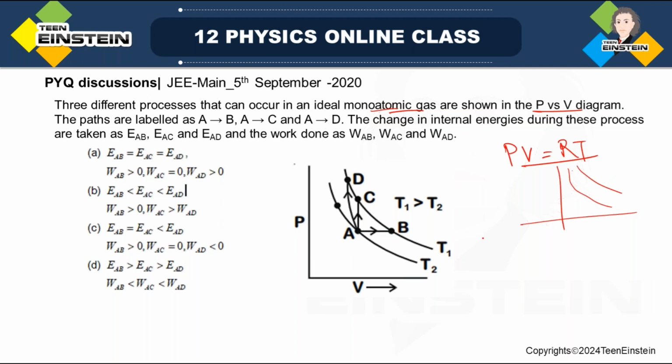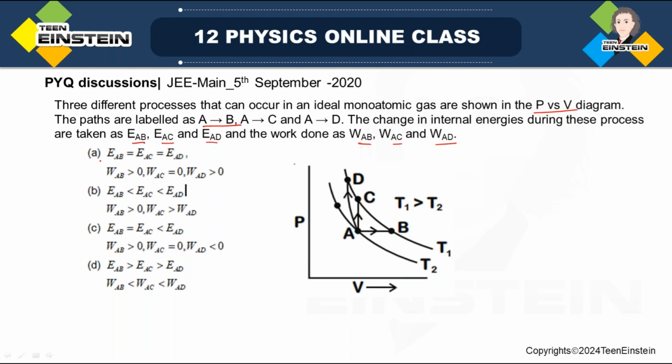That means, okay, let me read the question itself first. So three different processes that can occur in an ideal monatomic gas are shown in P versus V diagram. The paths are labeled as A to B, A to C, and A to D. The change in the internal energy during the process are taken as EAB, EAC, EAD, and the work done as WAB, WAC, WAD.